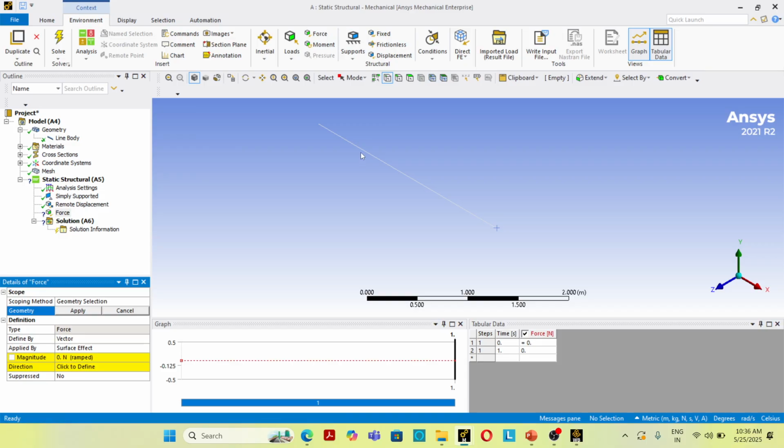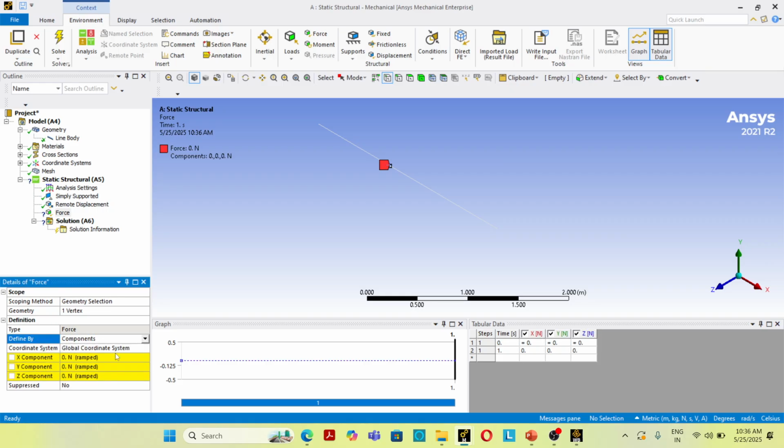So go to force, apply components, negative 2000 Newton.